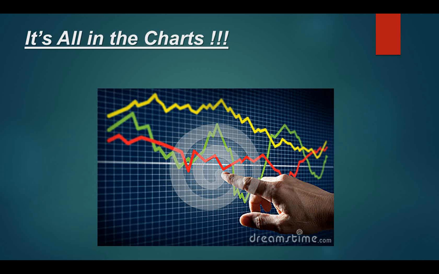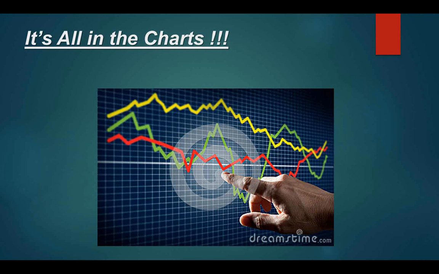It is often said by technical traders in particular, it's all in the charts, where the market's going, not just what it's currently doing, but where it's going. At a later stage, once you've got the basics of charting under your belt, we'll be able to show you how the charts can tell you where the market is going and how long it's going to take to go there, with a remarkable degree of reproducibility.